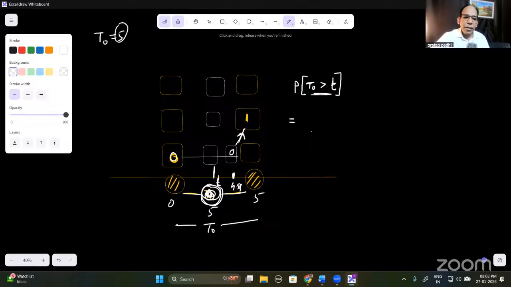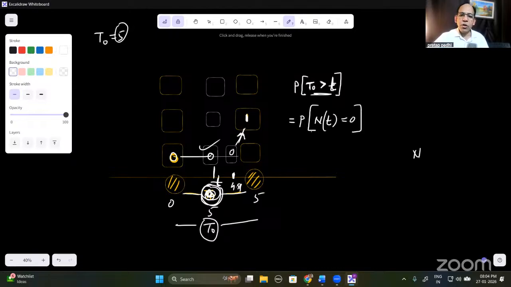Now, this time if you see, I must be at 0 only, because I transited only at T0, which is 5. So before 5, if you take any point, because small t is less than T naught, I had 0 claims. That is equivalent to, up to time T, I didn't get any claim.